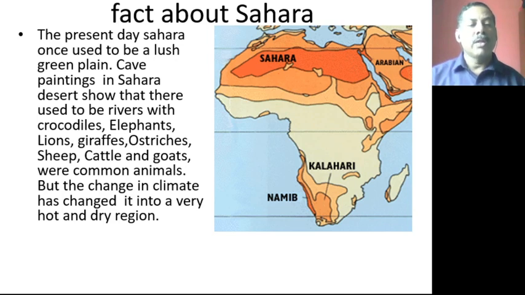Elephants, lions, giraffes, ostriches, sheep, cattle, and goats were common animals, but the change in climate has turned it into a very hot and dry region. When the heat increased, it totally became a desert. So that is a fact about the Sahara.